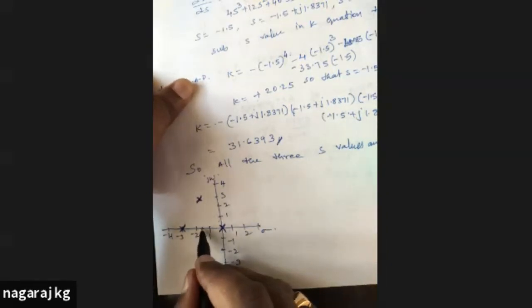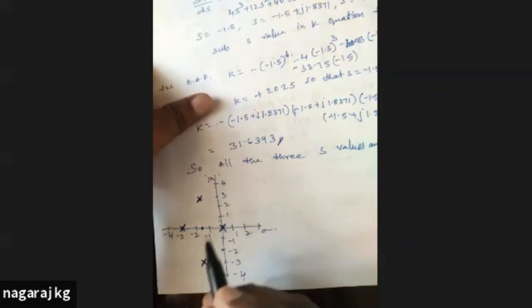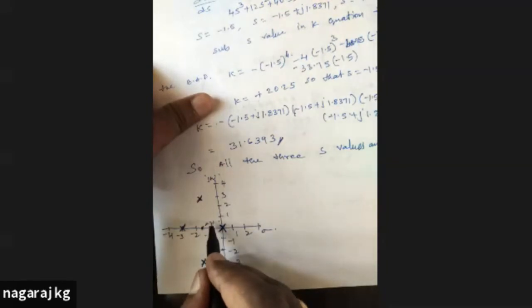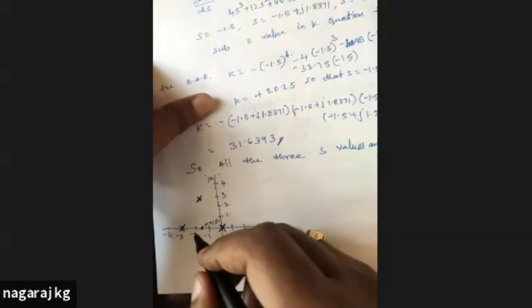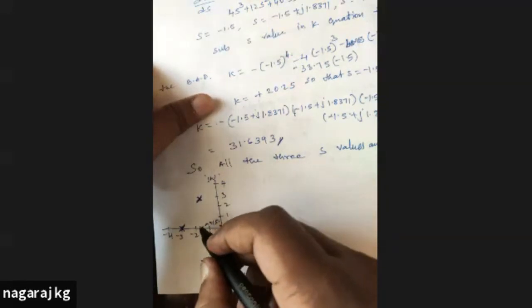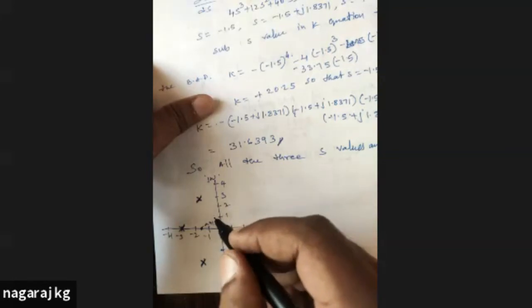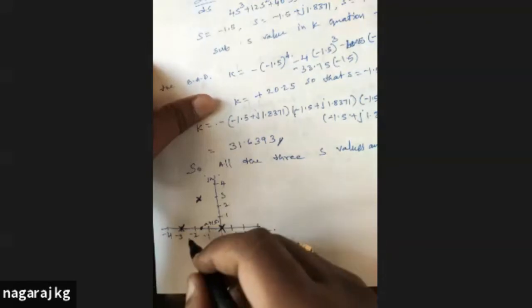Now locate the centroid point. Centroid point sigma is at minus 1.5. I located that. This is sigma is equal to minus 1.5. Now from this centroid, you draw 4 asymptotes, angling at 45, 135, 225 and 315 degrees.